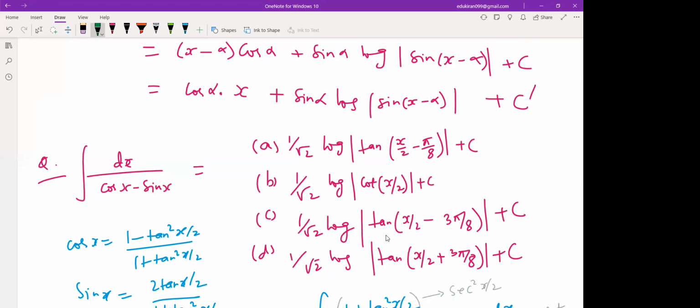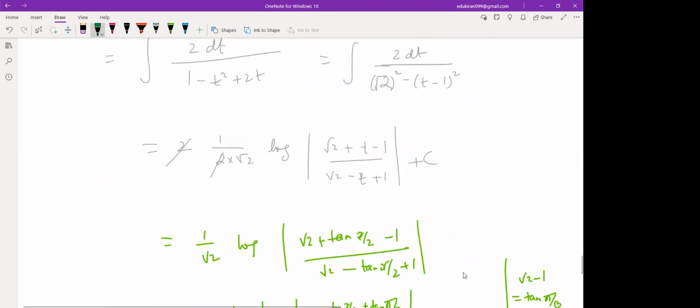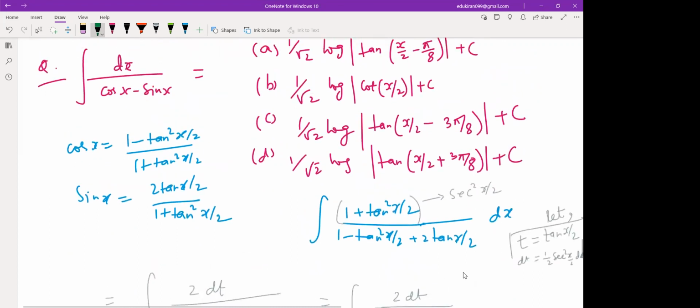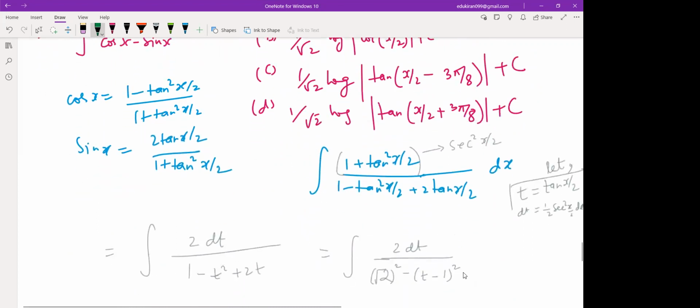Then only we will be able to decide. They are saying D option. So if D option is there, then it is 1 by root 2 log of tan x by 2 plus 3 pi by 8, x by 2 plus root 2 minus 1, that is fine, by 1 minus tan x by 2 into root 2 plus 1.